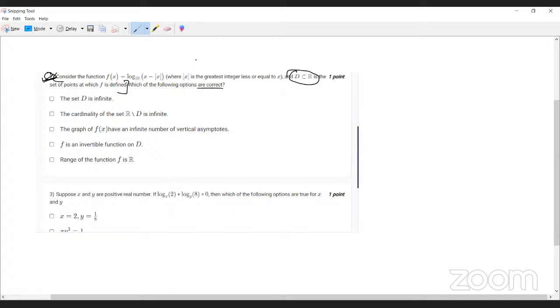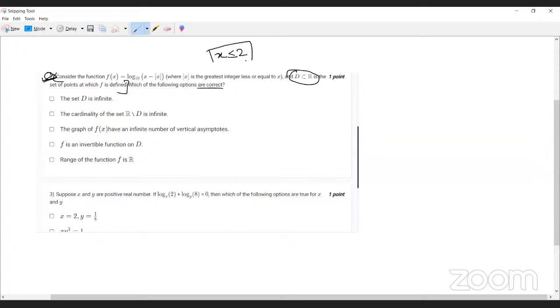It is called the greatest integer function. It takes the integer value which is just smaller than or equal to x. That means if x is 2.3, the greatest integer function of x would be 2.